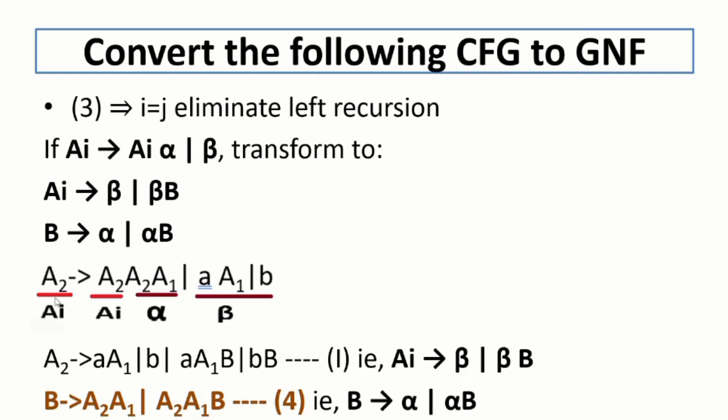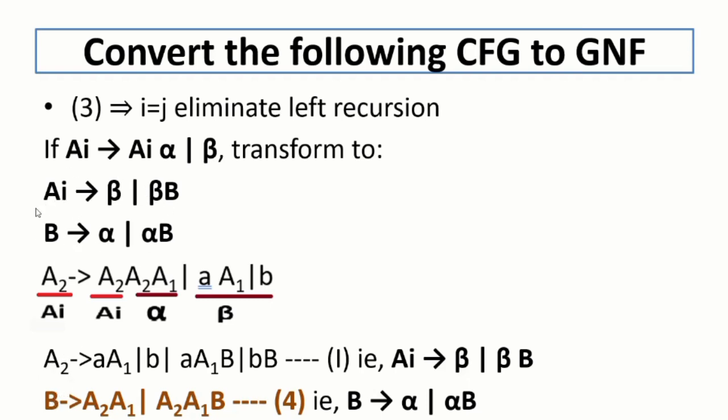Take equation number 3, A2 tends to A2 A1 or a A1 or B. The production which is of the form A base I tends to A base I alpha or beta: here A base I is A2, alpha is A1, and the remaining productions are beta. After expanding using this equation, you will get the A2 production and the B production.